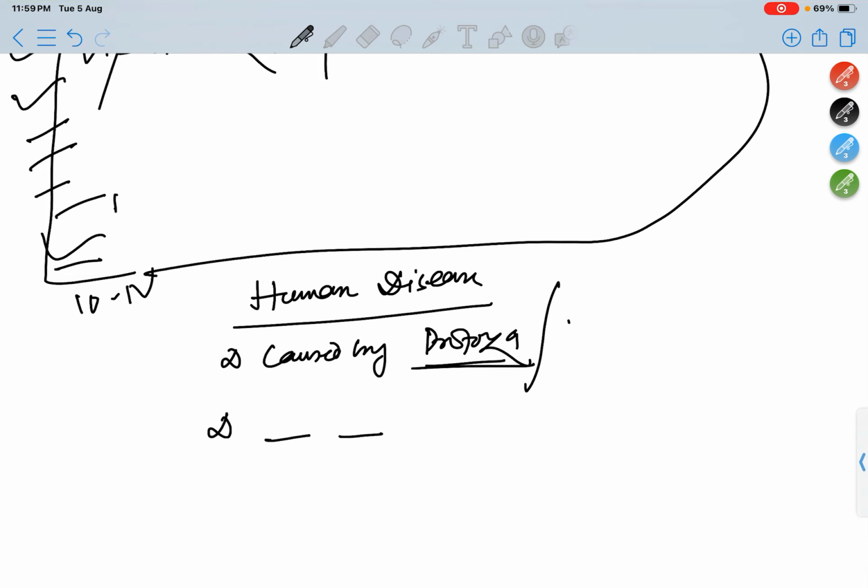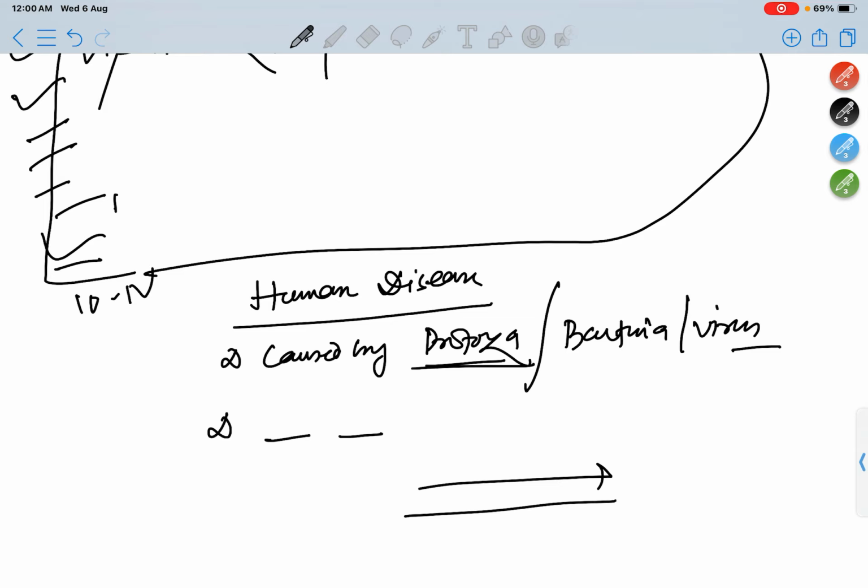Then you will read bacteria, then you will read virus. So three types of diseases you should read. That's it. So these are the things you should read for the zoology portion.